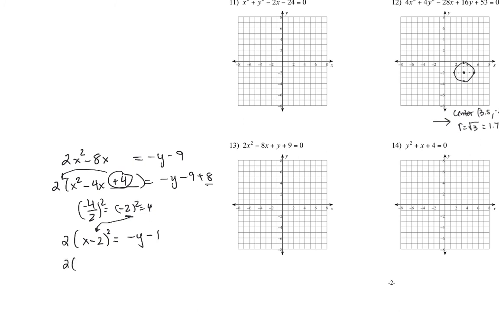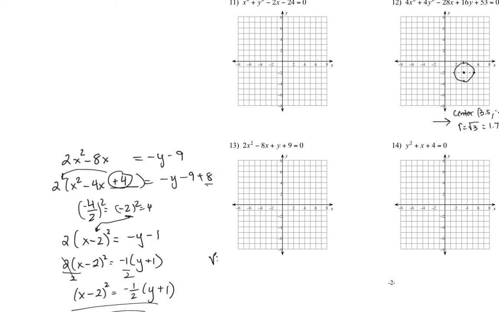I want to get the y variable positive, so we're going to factor out the negative 1 first, plus 1. And then we're going to divide everything by 2. So that cancels, and you're left with x minus 2 squared equals negative 1/2 times y plus 1. Now we're ready to graph.